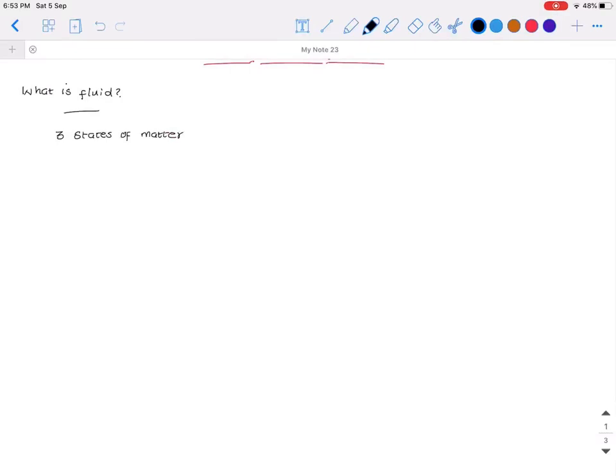We are concerned about commonly found states of matter on earth. There are three of them: solid, liquid, and gas. You also know that the existence of matter in these states is dictated by intermolecular attractive forces within these substances.